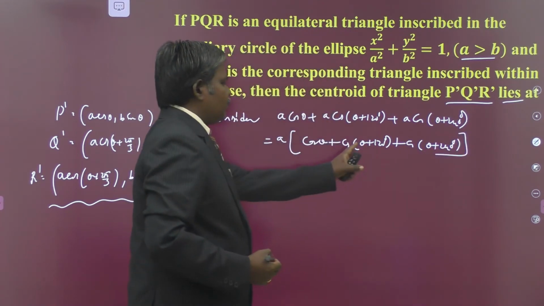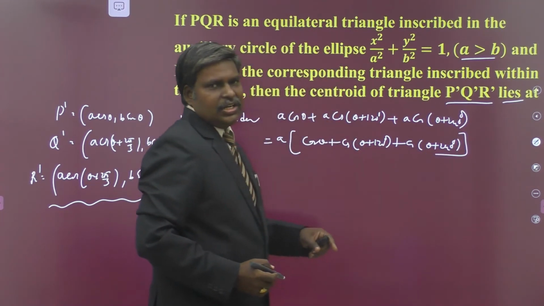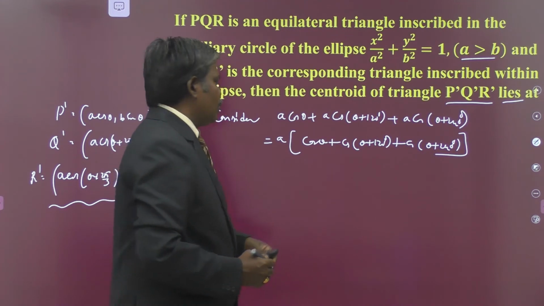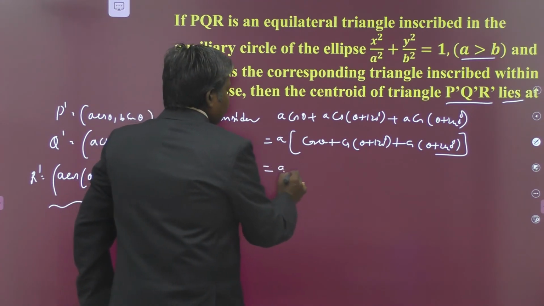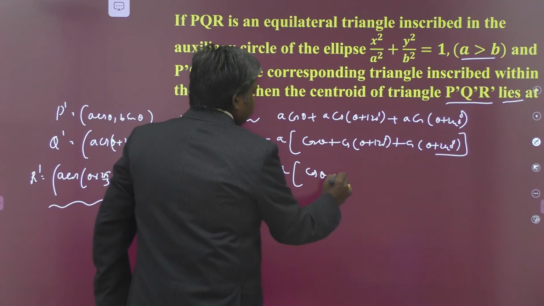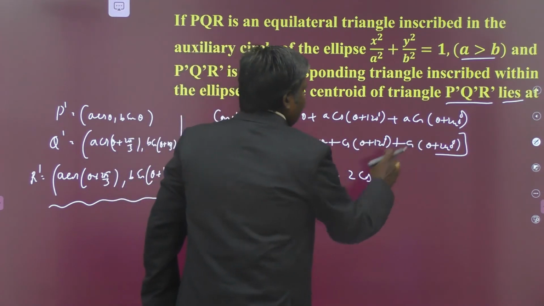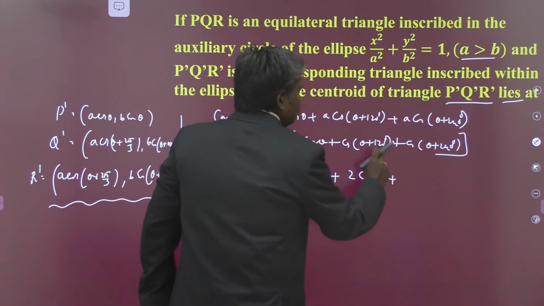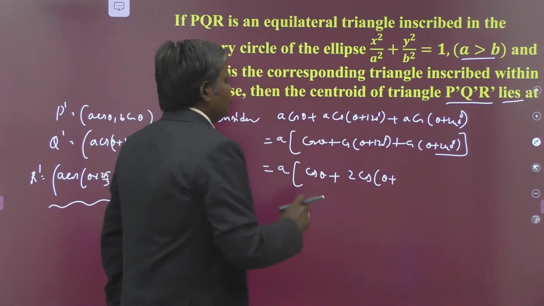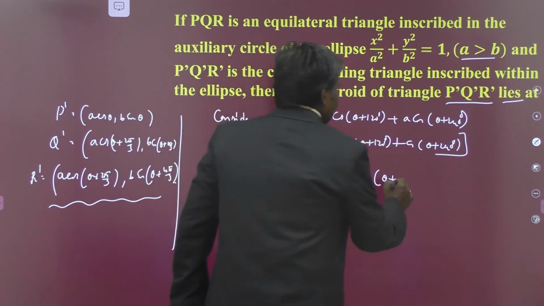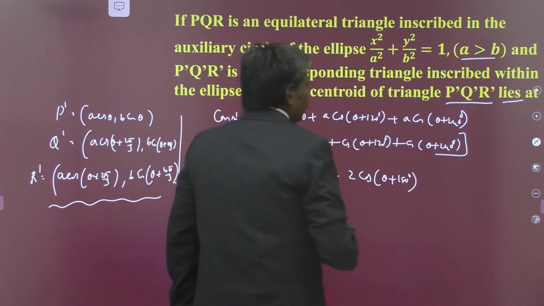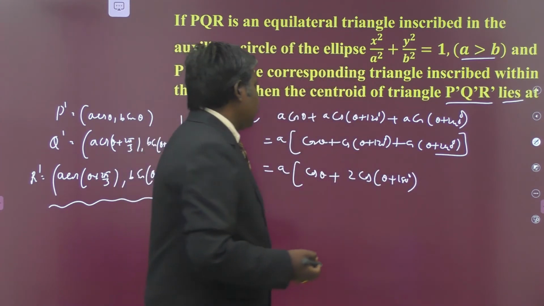This is of the form cos C plus cos D, which is 2 cos((C plus D)/2) into cos((C minus D)/2). So A into cos theta plus 2 cos((2 theta plus 360)/2), that is theta plus 180.